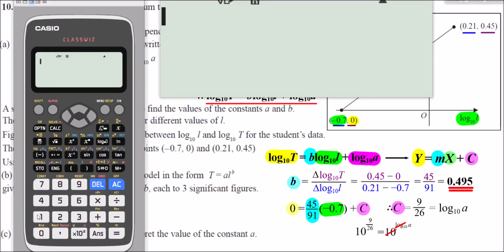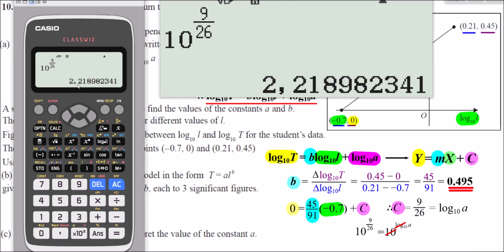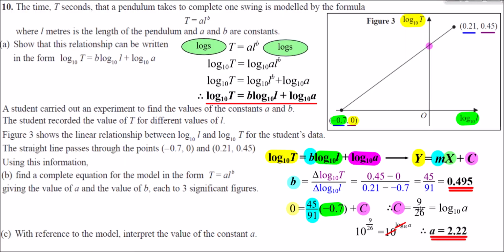So if we try this here, 10 to the power 9 over 26, and press equals, we're going to get 2.218, and that 1 will round up to a 2 because next to it is the 8. So again, to three significant figures like we're asked, we're going to get 2.22. So now we've got A and we've got B, so we can now put these back into the model as required, as it's asked us to do.